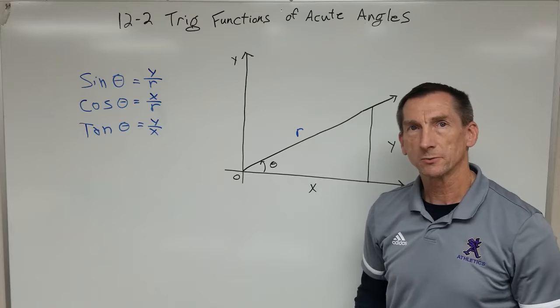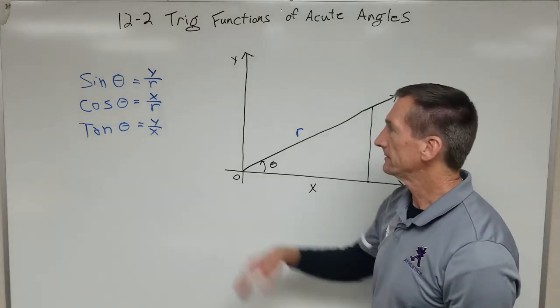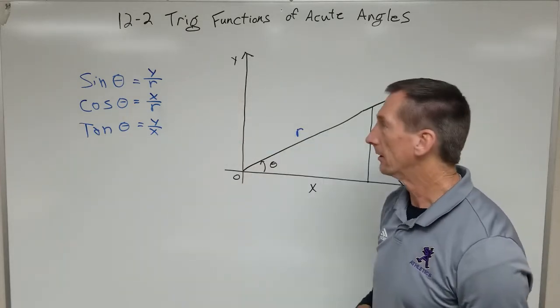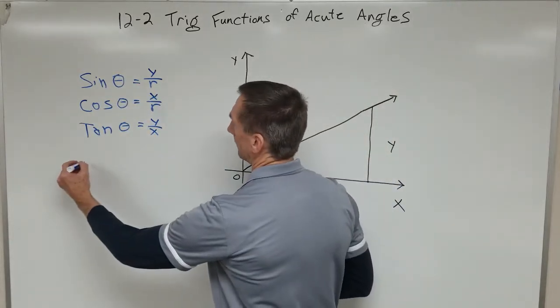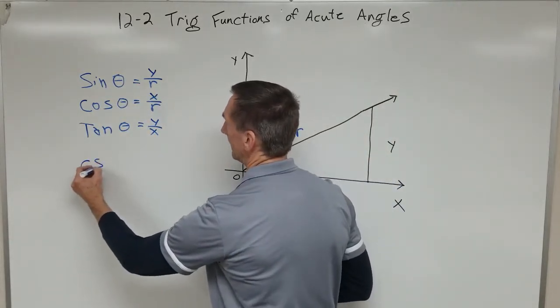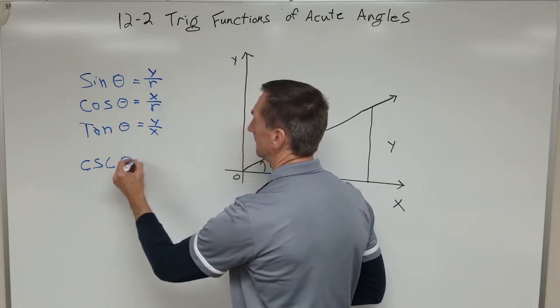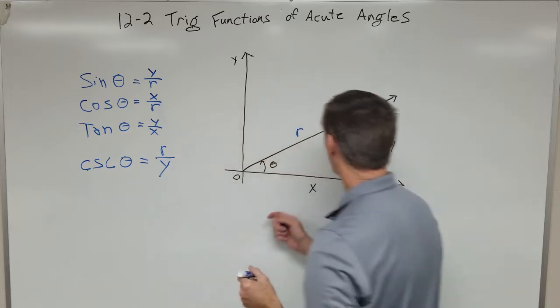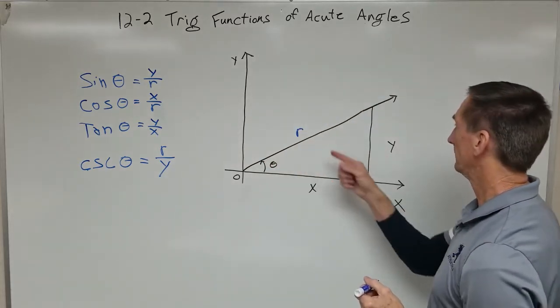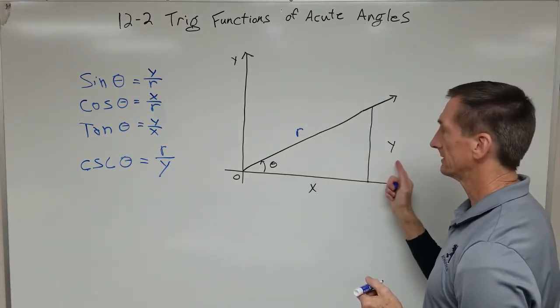Some more functions we're going to be looking at are basically the reciprocals of these. The reciprocal of sine is cosecant of theta, which is r over y, hypotenuse over opposite.